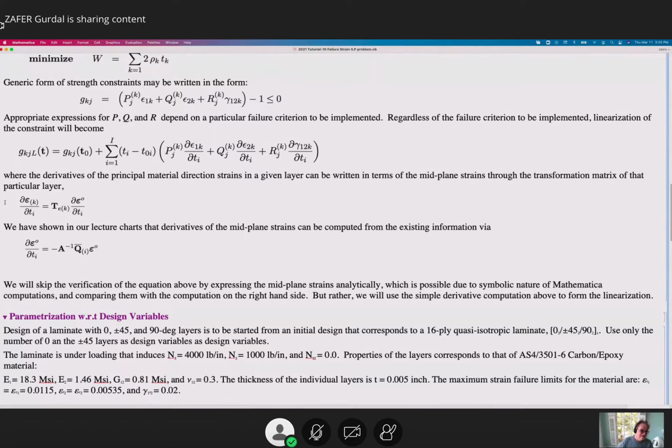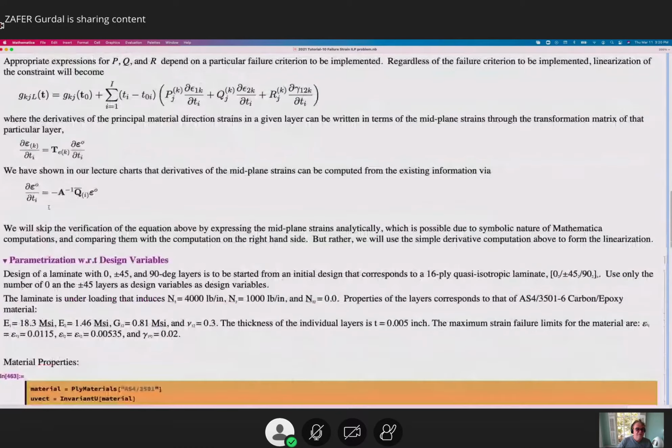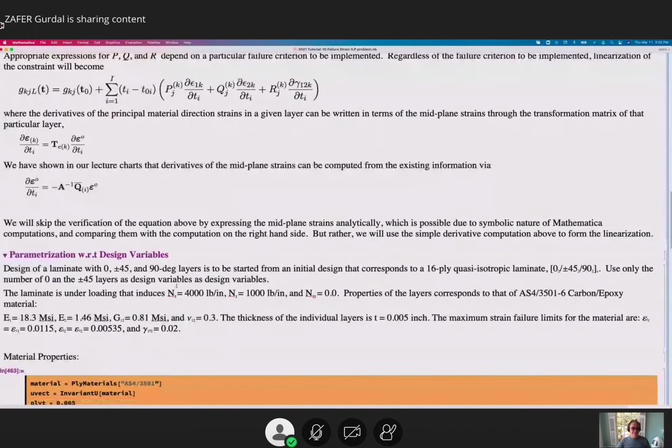I can find the principal stress direction derivatives by multiplying this with the Q matrix. But we're going to come to that later on. The first order of business is to see if we can compute this guy here. And this is an interesting formula that you'll see its value better as we go along.